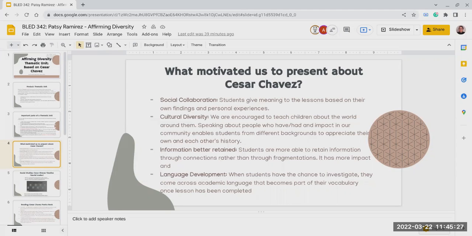While they do their own investigation, they are going to come across vocabulary words that they never heard of before and would adapt these words to expand their own vocabulary for a potential future assignment.